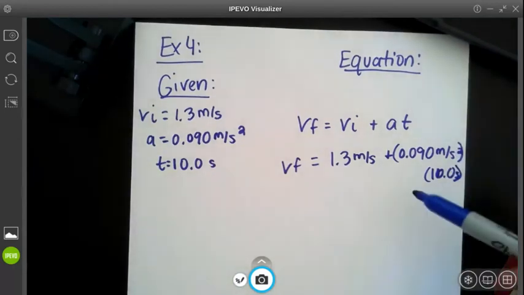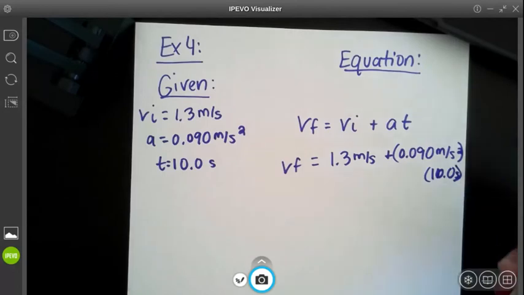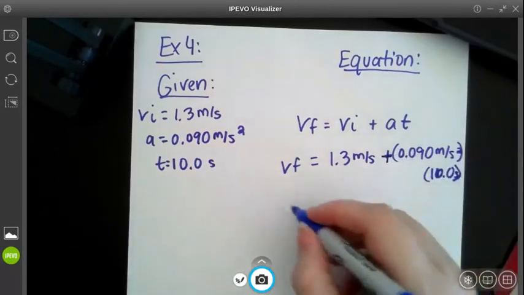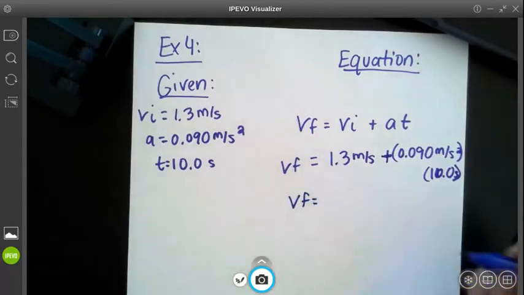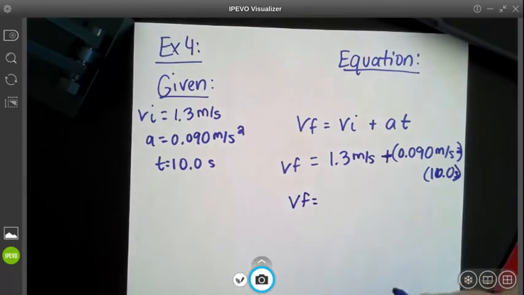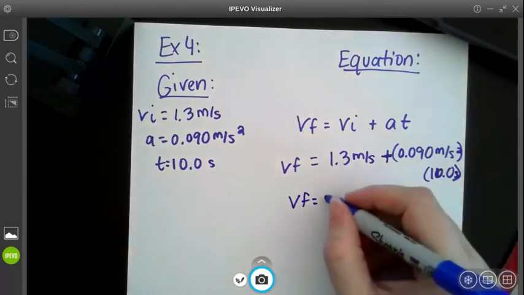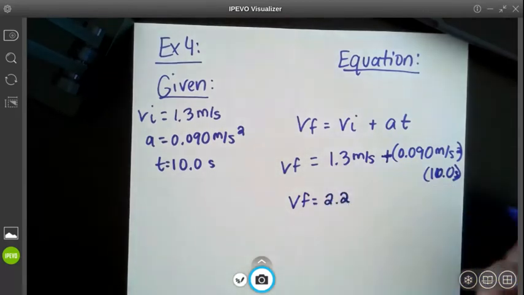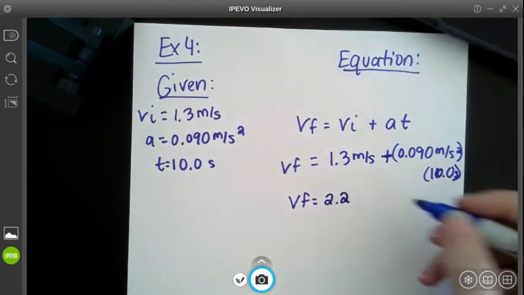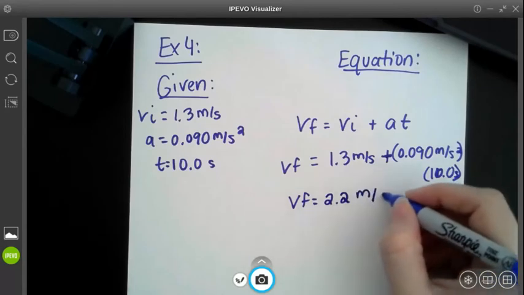Again, I would multiply these together and then add it to the 1.3. And after I do all of the math, we're going to end up with an answer of 2.2 meters per second.